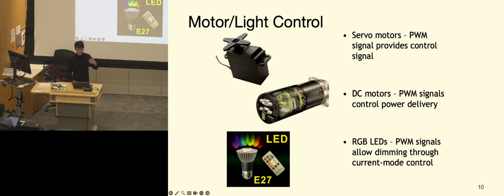The reason for that is most computers are really bad at analog. So if we say we want the servos or motors to rotate at, for example, 30% of the rate for a certain amount of time, if the signal is analog, it's actually quite hard for the system to handle.